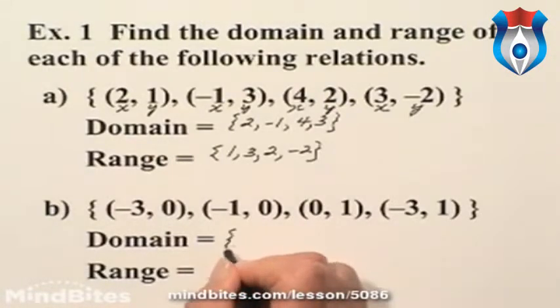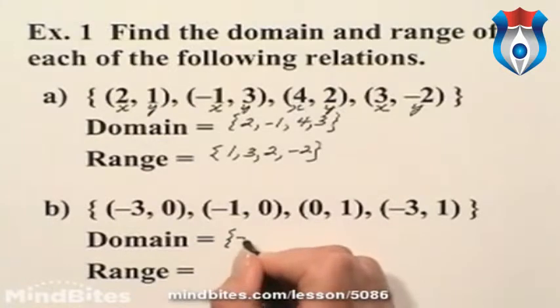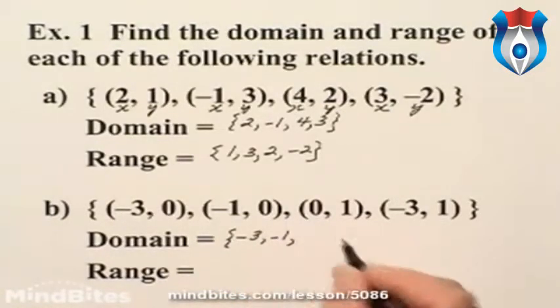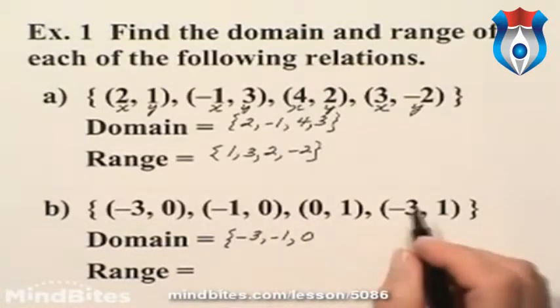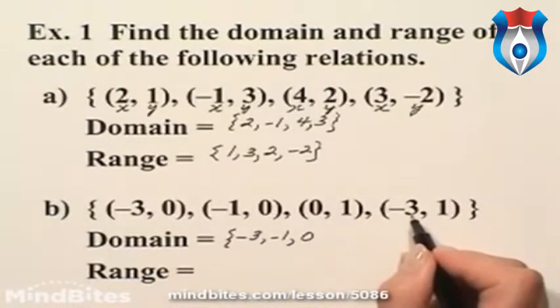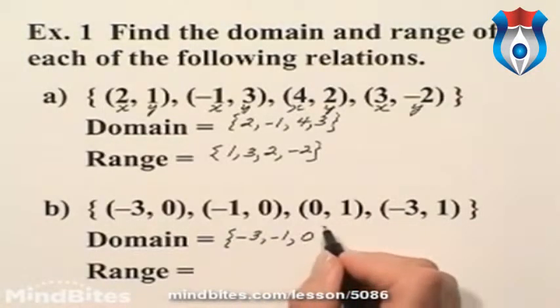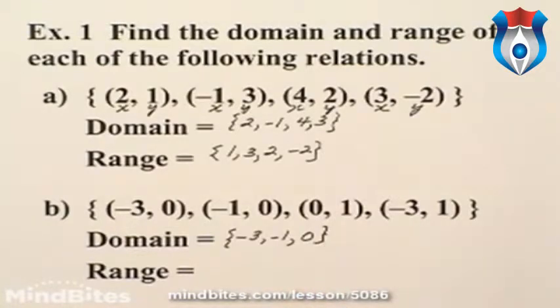The domain, all of the x's: -3, -1, 0, and you come to this last one and you see another -3. You do not write that down. If it's down once, that's it. So there are only 3 members in this domain: -3, -1, and 0.